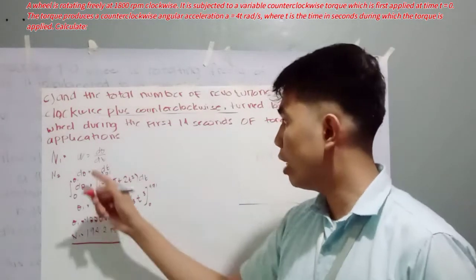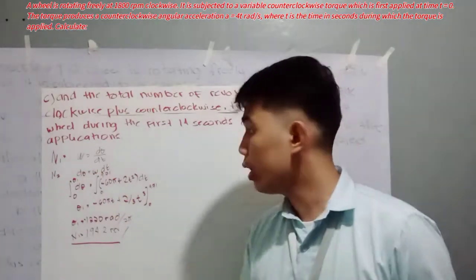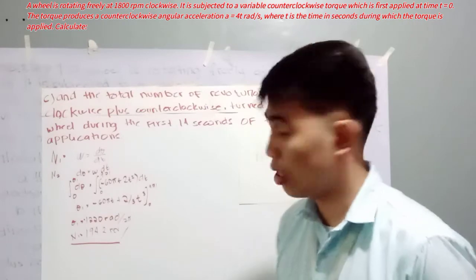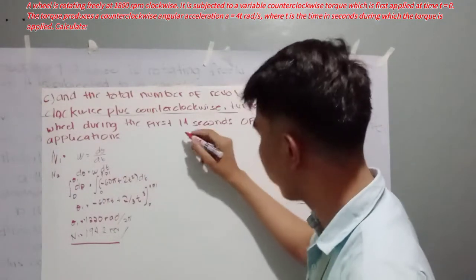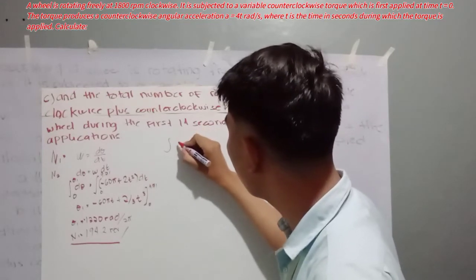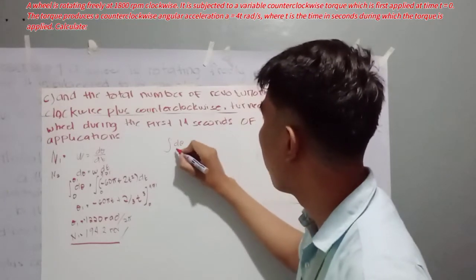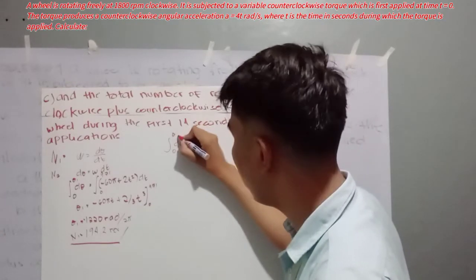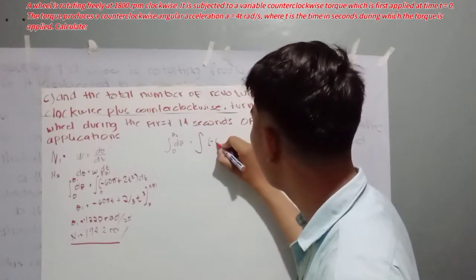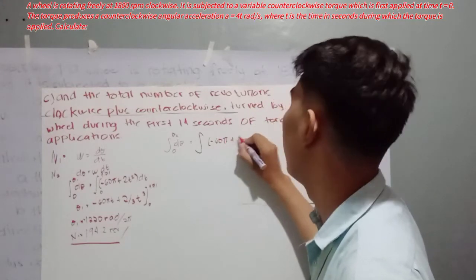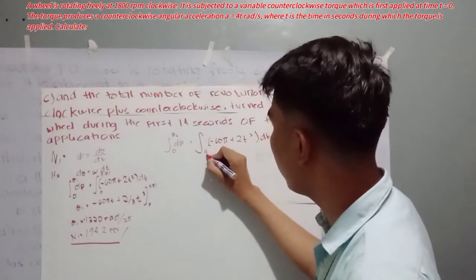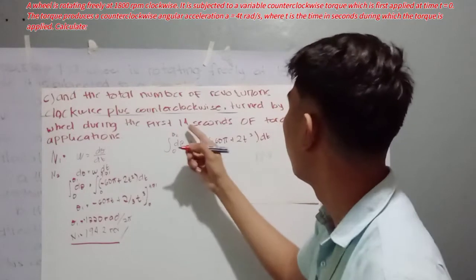Next we find N2, from 9.71 seconds to the remainder of the time interval. Likewise, the integral of d theta from 0 to theta 2 equals the integral of negative 60 pi plus 2t squared dt from 9.71 to 14 seconds.